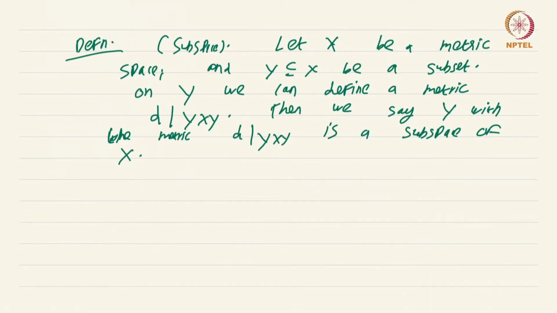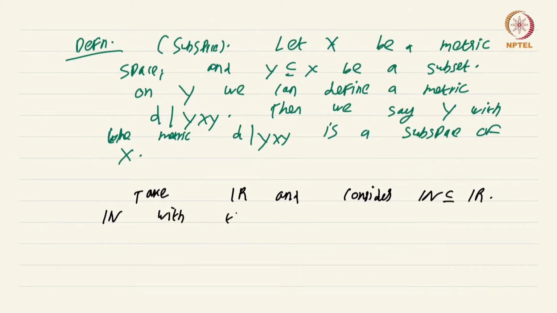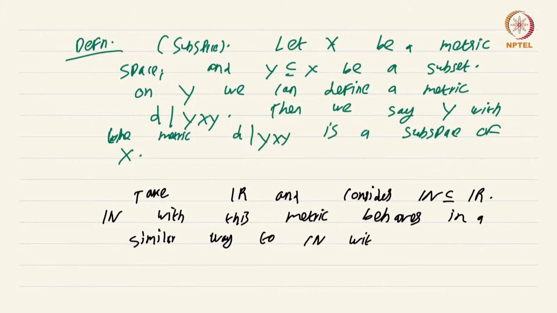Take R and consider N, the natural numbers, as a subset of R. Now you can restrict the metric on R to the natural numbers, and you will notice that N with this metric behaves in a similar way to N with the discrete metric.